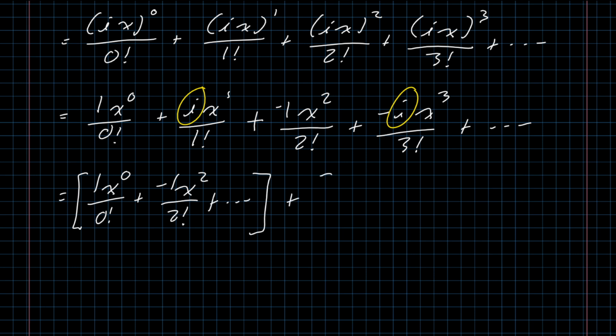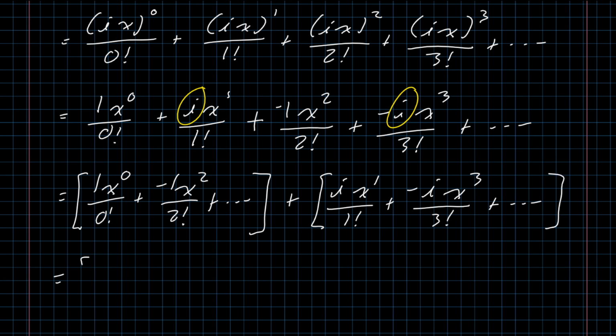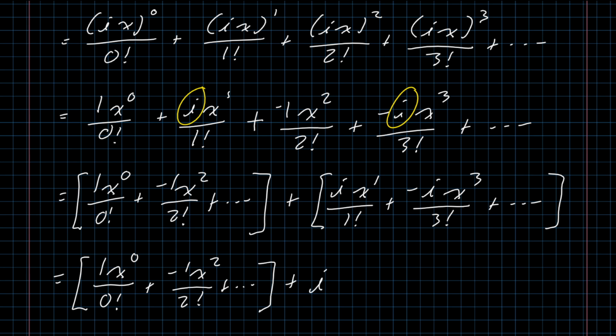And then we have ix to the first over 1 factorial minus ix cubed over 3 factorial and dot dot dot. And then for all of the things in the imaginary part, I'm going to factor out the common factor of i.